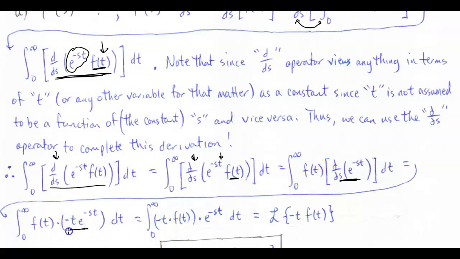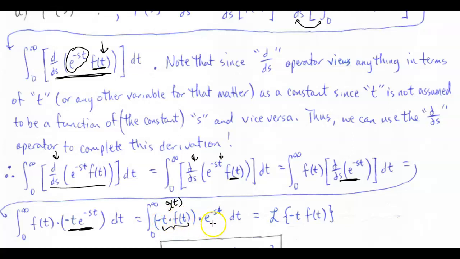And we see that we just get minus t e raised to the negative st, because again, t looked like the constant. And so here, if we were to rewrite this, notice that this is in the place of the function that we would do the Laplace transform on. And I'll just call it g of t here for a second, just to make sure that it's different.